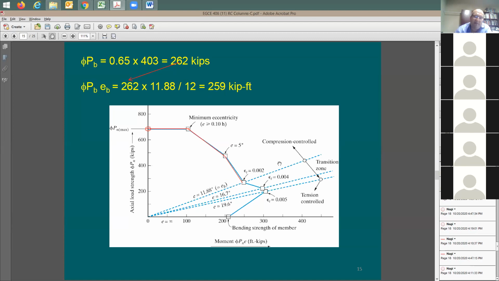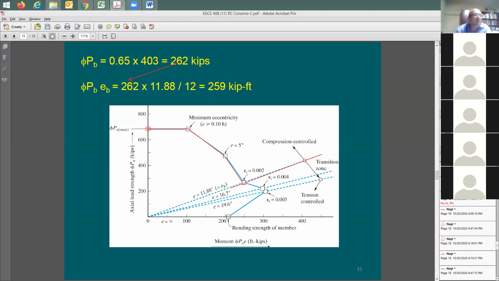So what does it mean by that? It means if I draw a line like this, I have this side here and this side. On this side, the strain in the tension steel is going to be less than 0.02. You agree with me?